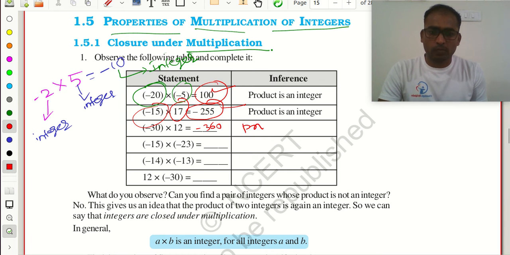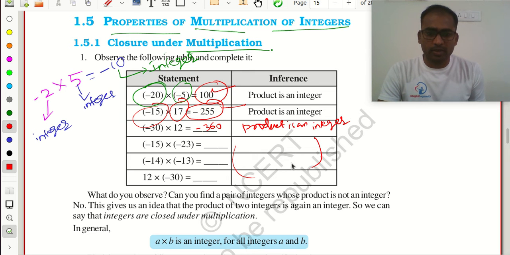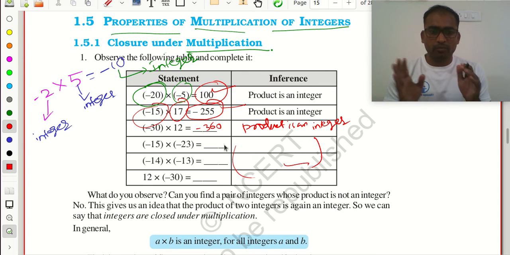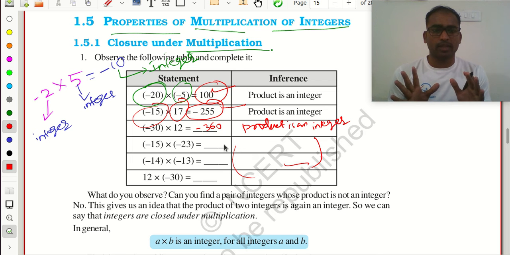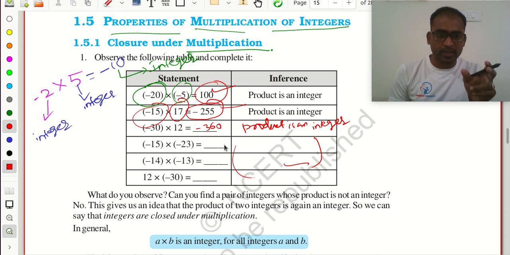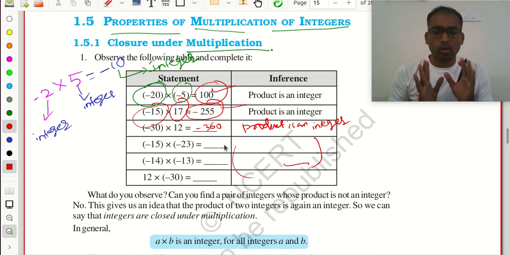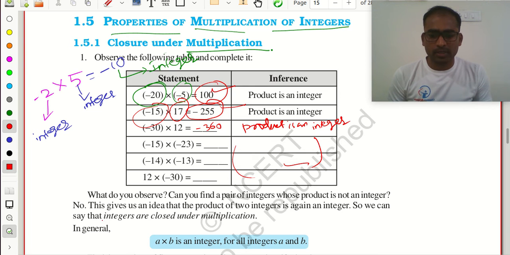So this product is an integer only. Just solve the remaining. Simple only. We need to understand one thing here: if I multiply two integers, the result of the multiplication is also another integer. Then we can say these integers are closed under multiplication.